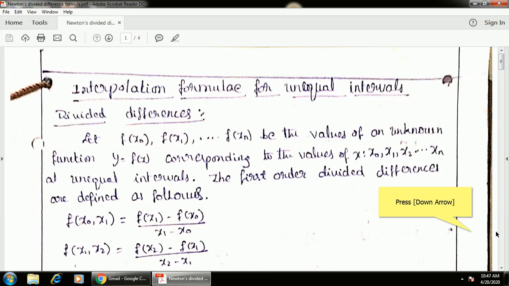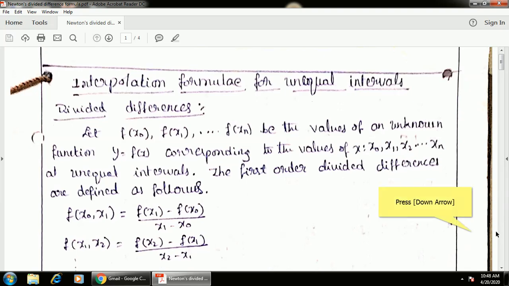Similarly, first order divided difference at x1, x2 is f of x1, x2, defined as f of x2 minus f of x1 divided by x2 minus x1. Similarly, at x2, x3 it is f of x2, x3, defined as f of x3 minus f of x2 divided by x3 minus x2.